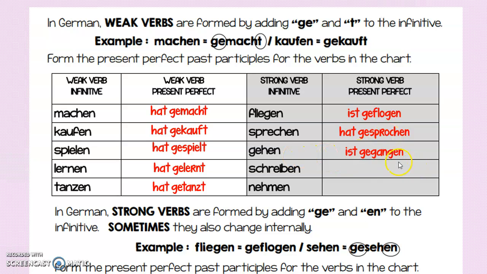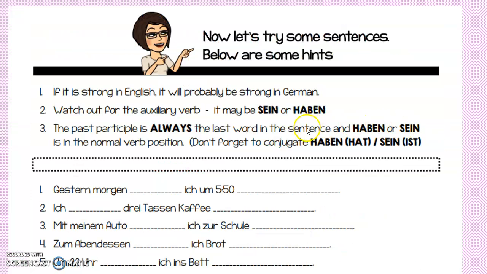Gehen ist gegangen. Schreiben, with an I here, becomes hat geschrieben. The IE switches spots. Nehmen, hat genommen. Changes internally, adds en and ge. So, weak verbs: ge at the front, t at the end, no change internally. Strong verbs: ge at the front, en at the back, sometimes they change internally, sometimes they don't.